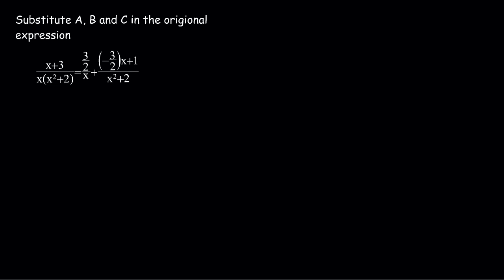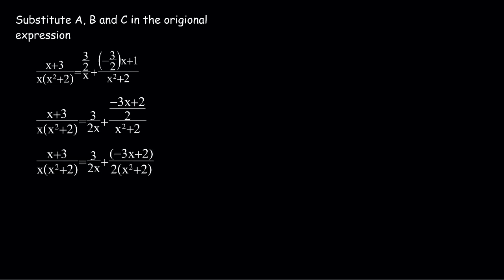So doing so, it becomes (s + 3) / s(s² + 2) = 3/2s + ((-3s + 2)/2)/(s² + 2). Simplifying further, it becomes 3/2s + (-3s + 2)/(2(s² + 2)).